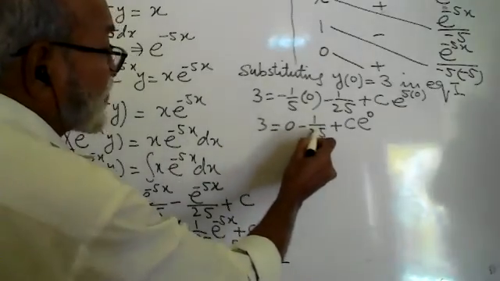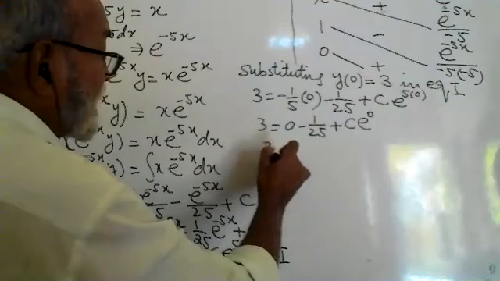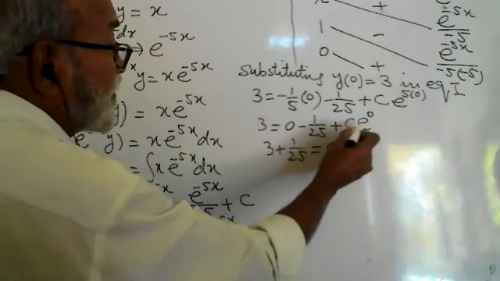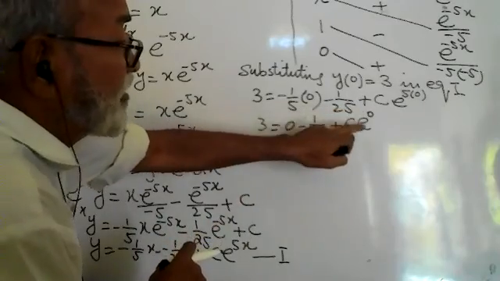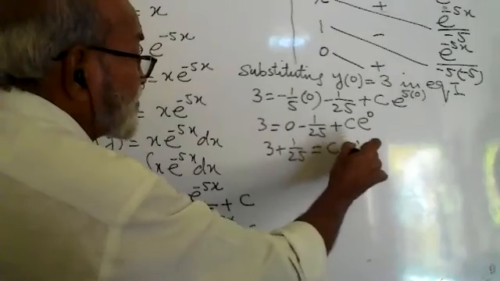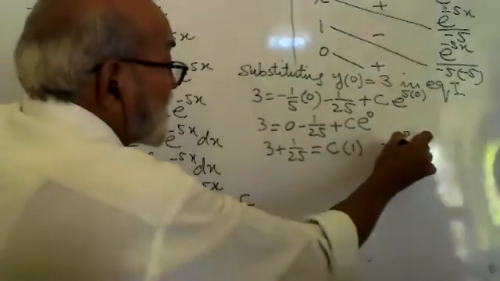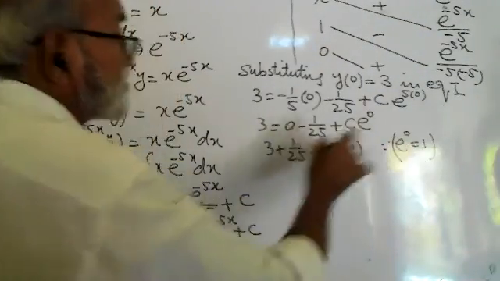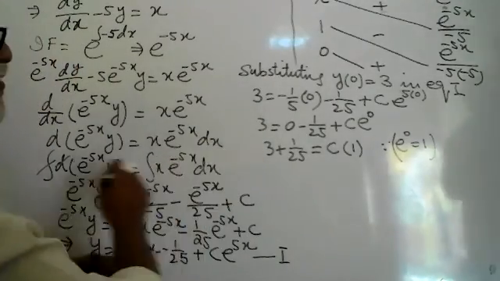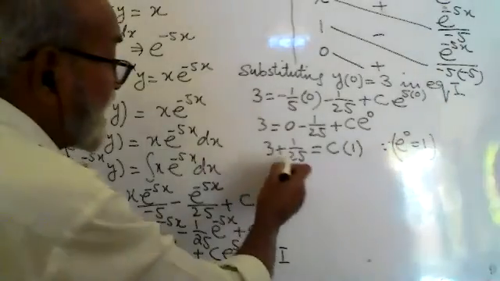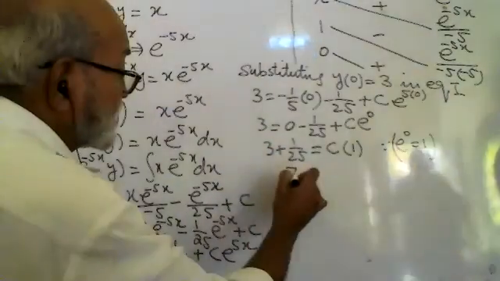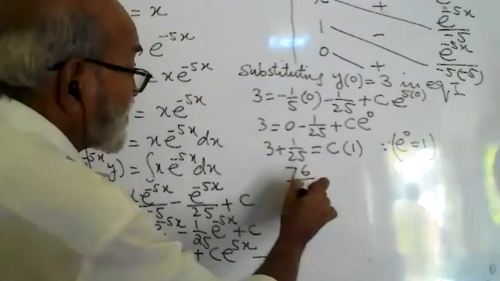So minus 1 over 25 will come over there, so 3 plus 1 over 25 equals c, because e raised to power 0 equals 1 and c into 1 is c. Now further simplifying, 3 plus 1 over 25 will be 25 into 3 is 75 plus 1, 76 upon 25. This is c.